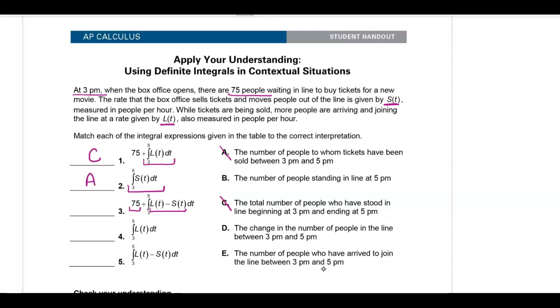Because 75 plus whatever happened from 3 to 5 p.m., that'll give us our number. Let's see, and then number four, that's just people entering the line, so that's E. Number five, that's going to be the change in people because this is not including the 75 that started. What happened? Well, people joined the line and people left. There's our accumulation, so that's D.